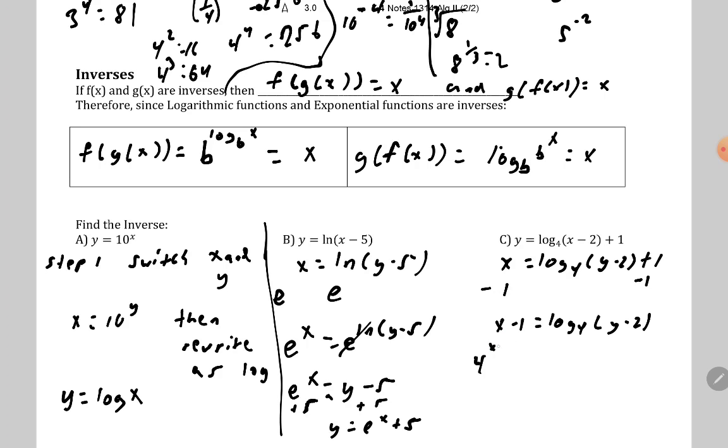So I'm going to have 4 to the x minus 1 equals 4 to the log base 4 of y minus 2. The base 4 to the log base 4 cancels out, and I'm left with 4 to the x minus 1 equals y minus 2. Then add 2 over, and we get y equals 4 to the x minus 1, plus 2.